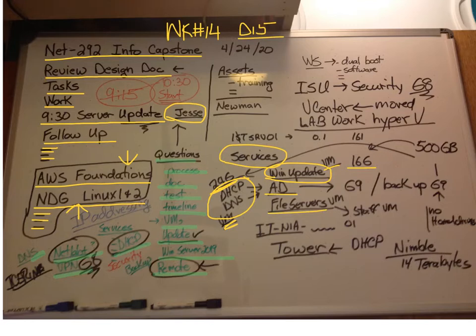File servers, I don't think he's set up yet, but students and staff access to those. Maybe use a similar naming convention that they're using at the college, except put the IT in front, IT-NIA, and then give it what kind of server it is, and then a number.